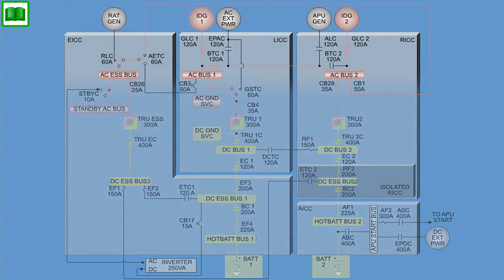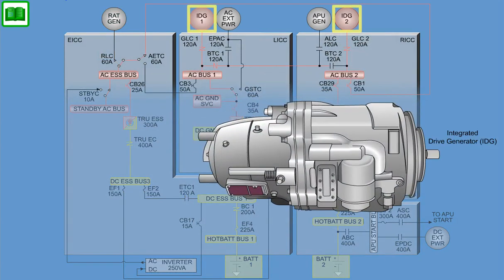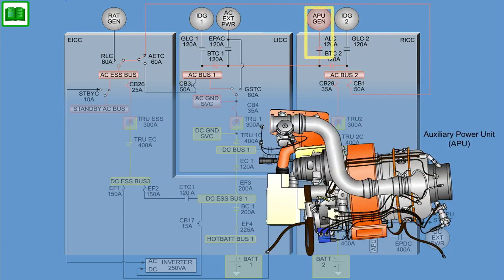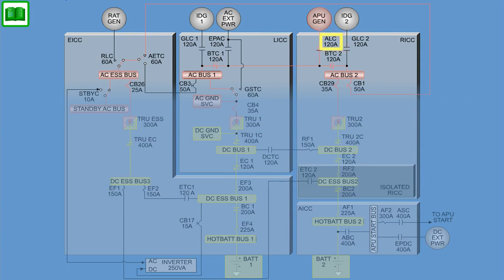Each main AC channel receives power from associated integrated drive generators, 1 and 2, through a generator line contactor, GLC1 and GLC2, and distributes AC power via AC Bus 1 and Bus 2. The auxiliary channel receives power from the Auxiliary Power Unit, APU, through an auxiliary line contactor and distributes AC power through a bus tie contactor, BTC1 and 2, and via AC Bus 1 and 2.